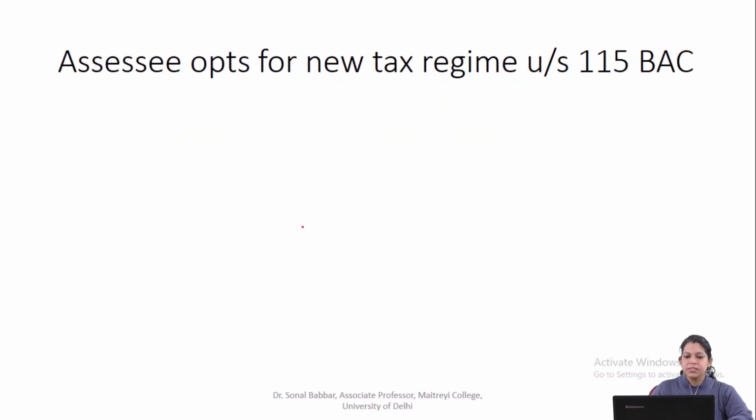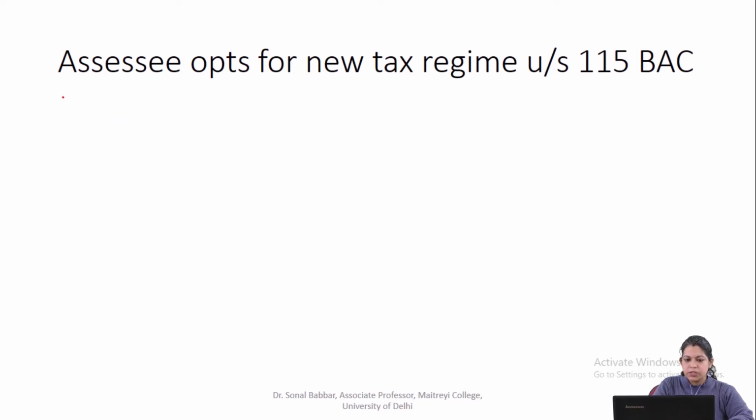Now, what if the assessee opts for the new tax regime under section 115BAC? When this lower tax regime has been offered, the individual assessee or the HUF assessee have the option to go for the new tax regime under section 115BAC. But certain incentives are withdrawn.